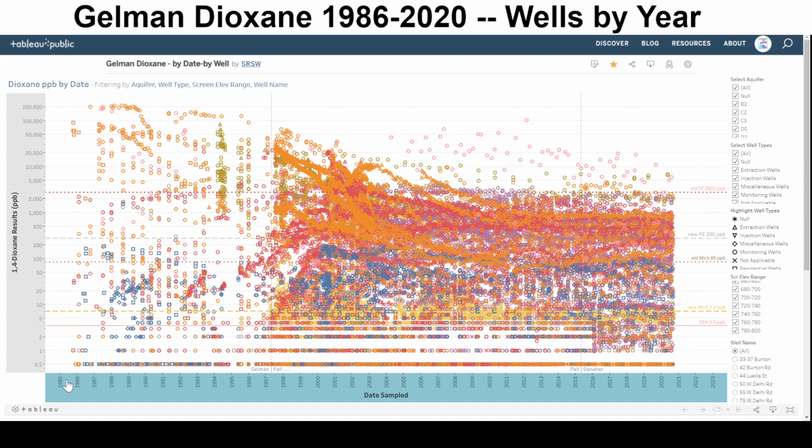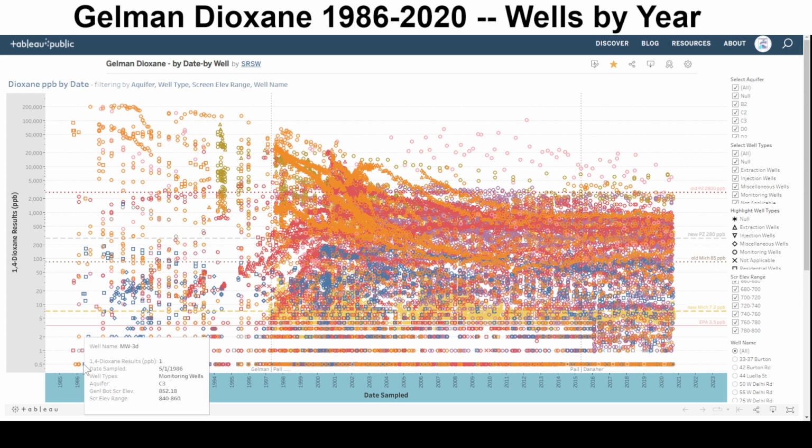So we start back here in 1986, and you can see there's a little bit of sampling, some really high concentrations. By the way, this is on a log scale so that we can, on the same graph, see the details from really high concentrations all the way down to less than 1 part per billion.